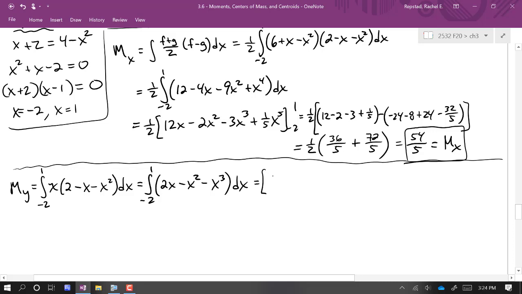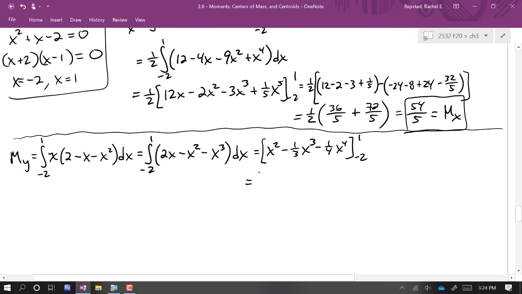All right, so power rule time. We get x squared minus 1/3 x cubed minus 1/4 x to the 4th from minus 2 to 1. And now we'll plug in our limits. If we plug in 1, we get 1 minus 1/3 minus 1/4.